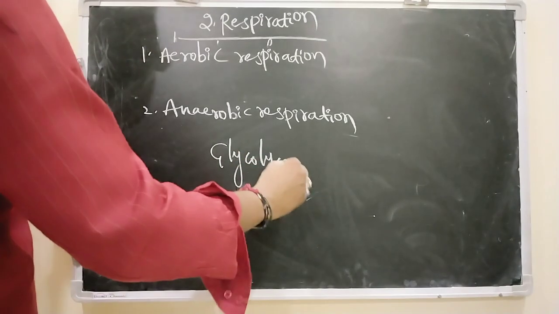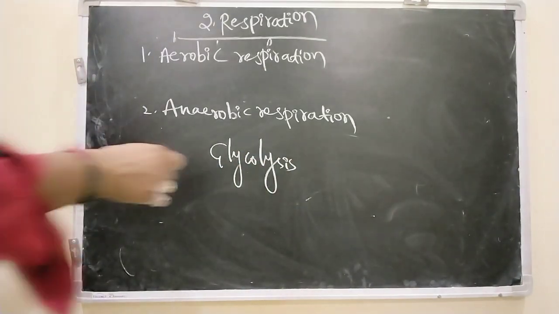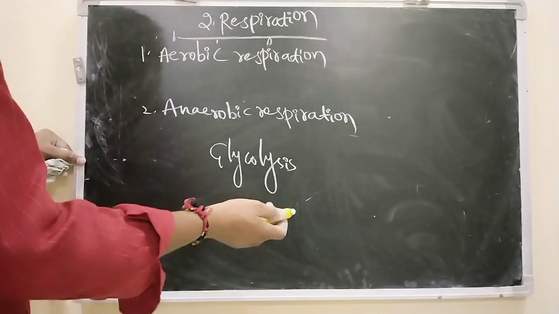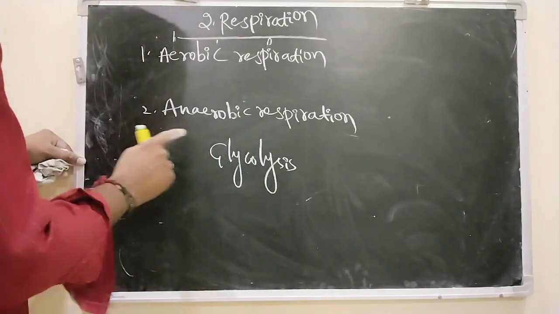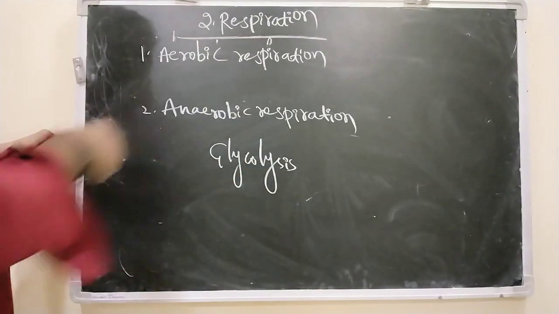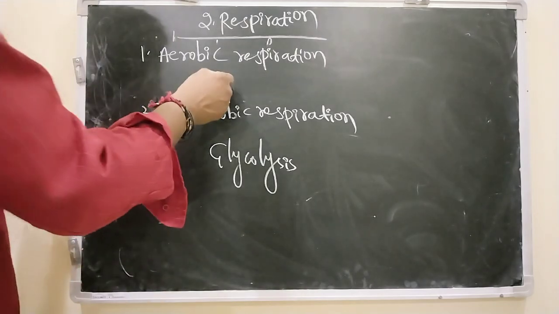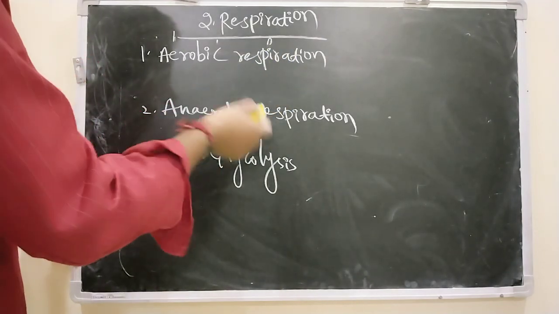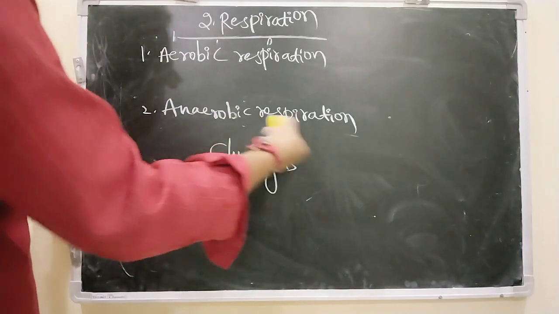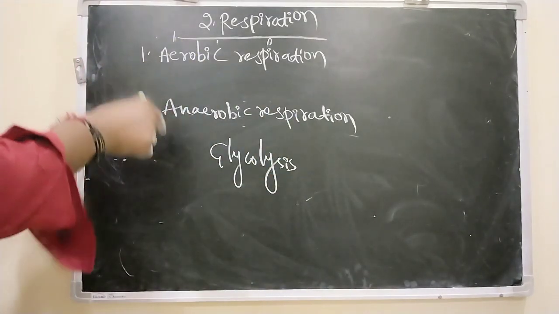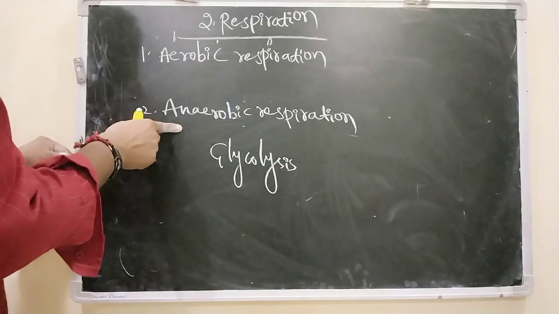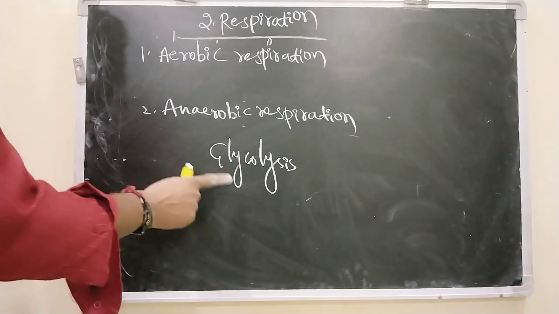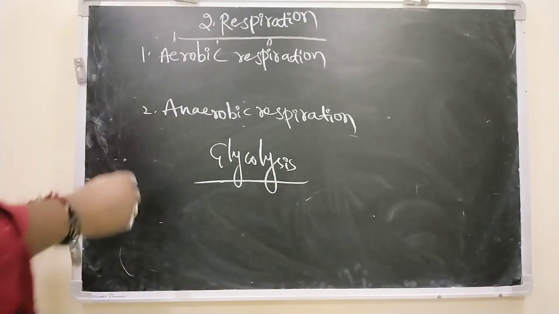So here glucose is the reactant, right? So it is combining with oxygen in one process. The respiration that occurs without oxygen is another process. But before either aerobic or anaerobic respiration occurs, the first step in respiration is glycolysis.